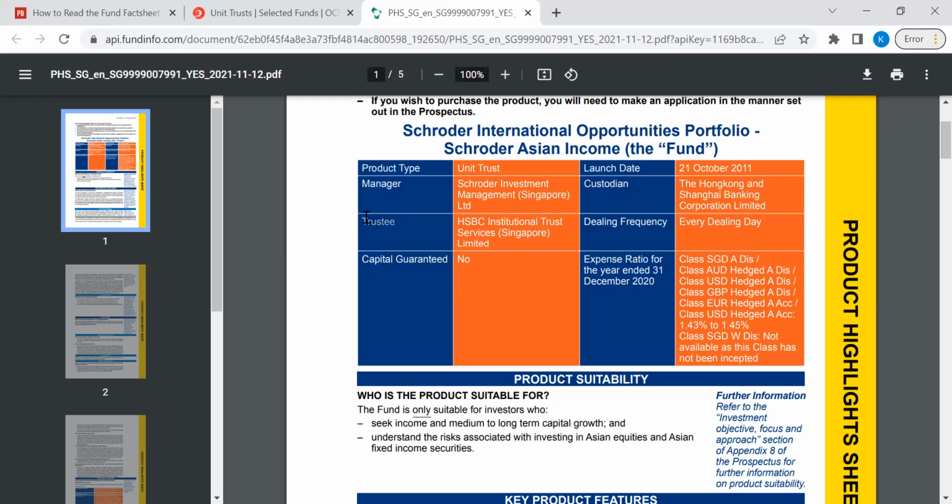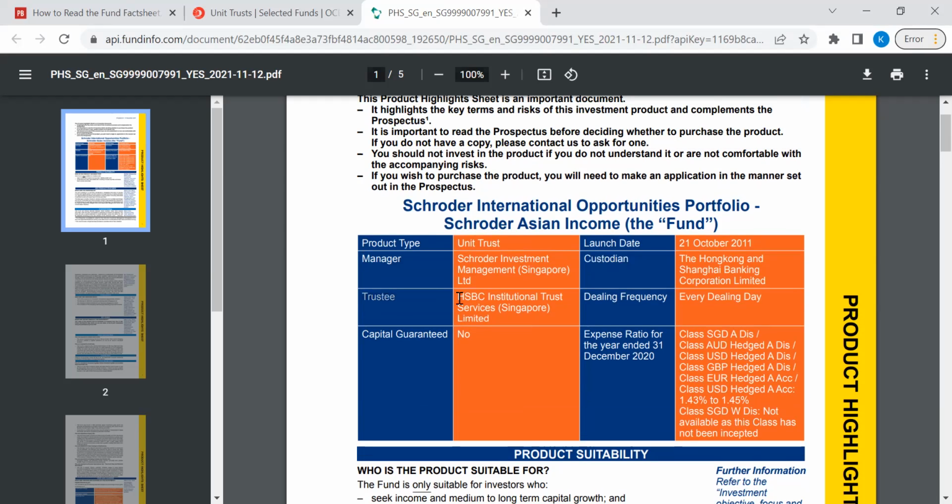Okay, trustee. So what is a trustee? A trustee is also different from a custodian. Trustees are the people who watch the managers to make sure that they are doing their job. What do we mean by doing their job? Every fund has its own investment objective.